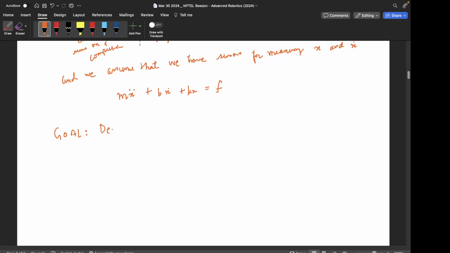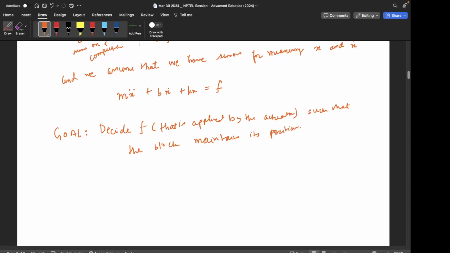The very first thing we should be clear about is to decide F, because that is applied by the actuator. And that is how the actuator interacts with the system, right? So decide F such that the block maintains its position. Okay.